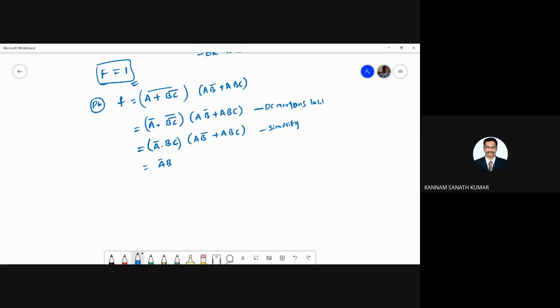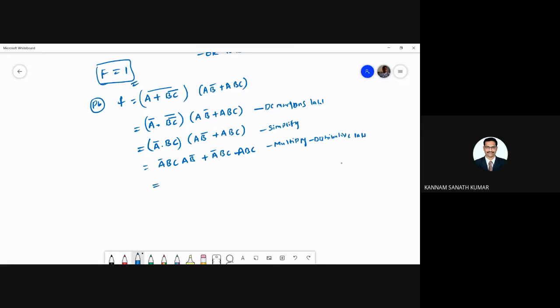Again next, A bar BC AB bar plus A bar BC ABC. This is nothing but multiply, or we can apply the distributive law.